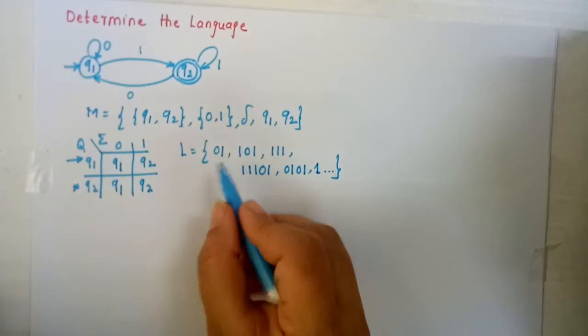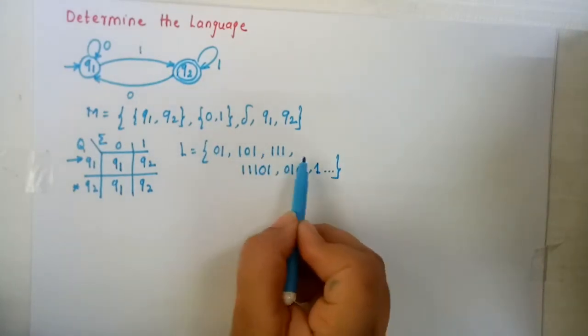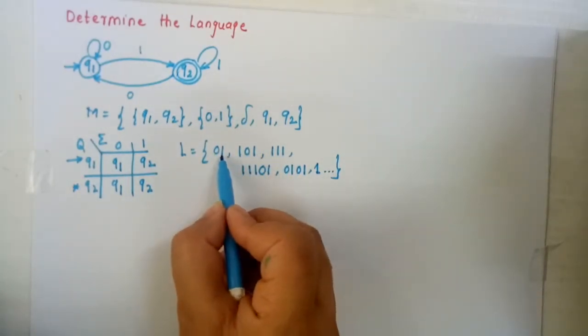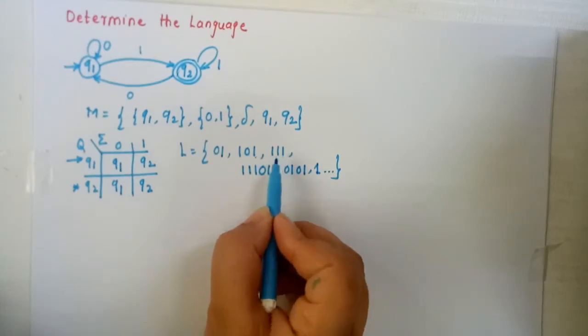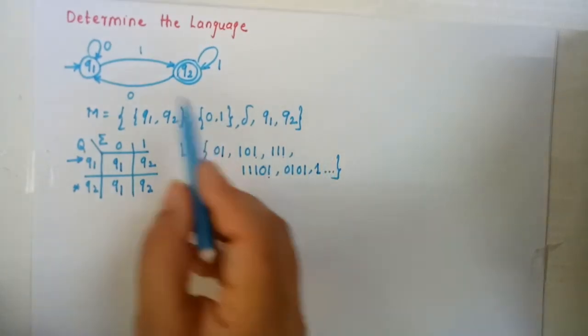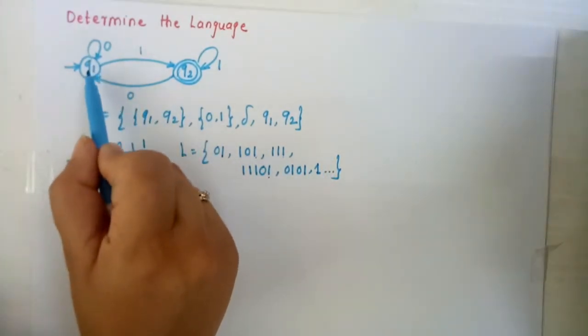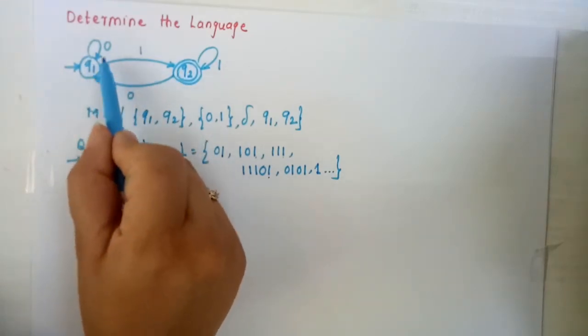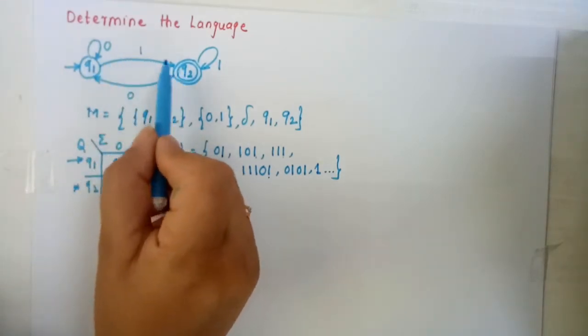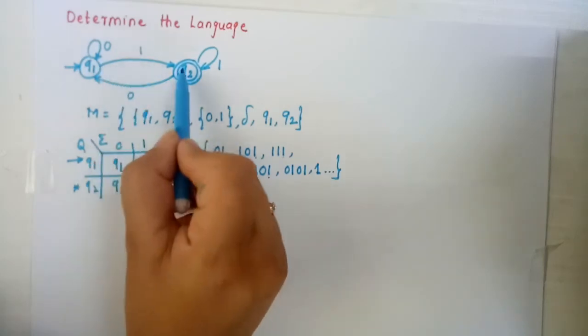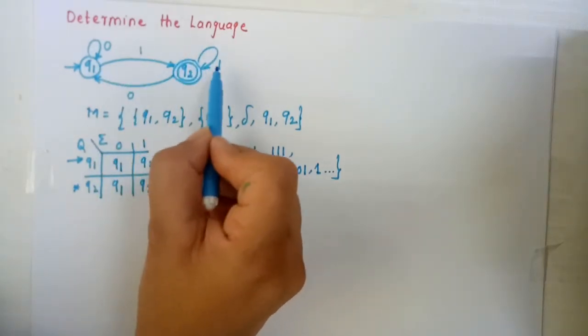In every string, the string is ending with 1, because in the diagram you can check q1 to q2, and at the stop 1 is present. Again q2 self loop on 1 means ending with 1.